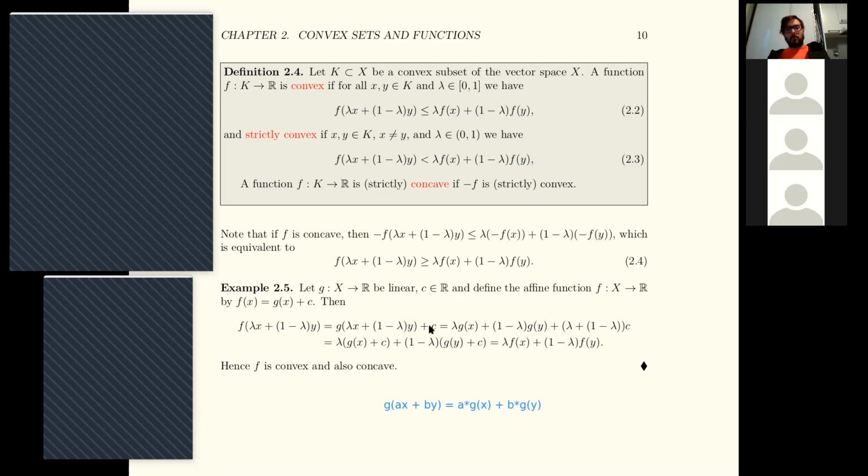And then you can write c as lambda plus 1 minus lambda times c, because lambda plus 1 minus lambda is obviously 1. And we can rewrite this as lambda times g of x plus c plus 1 minus lambda times g of y plus c. And that's actually equal to lambda times f of x plus 1 minus lambda times f of y.